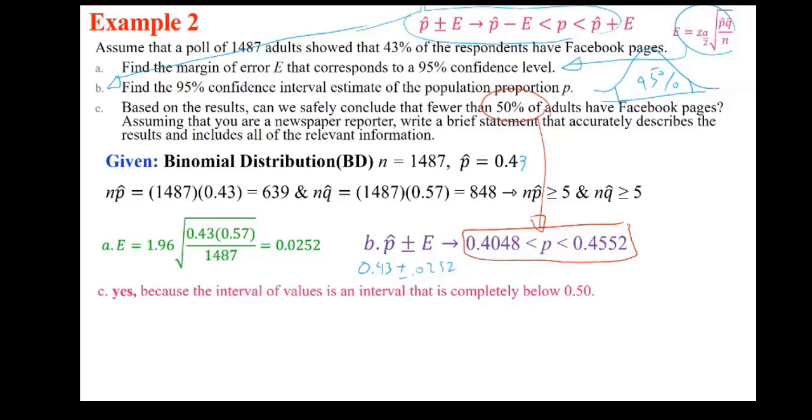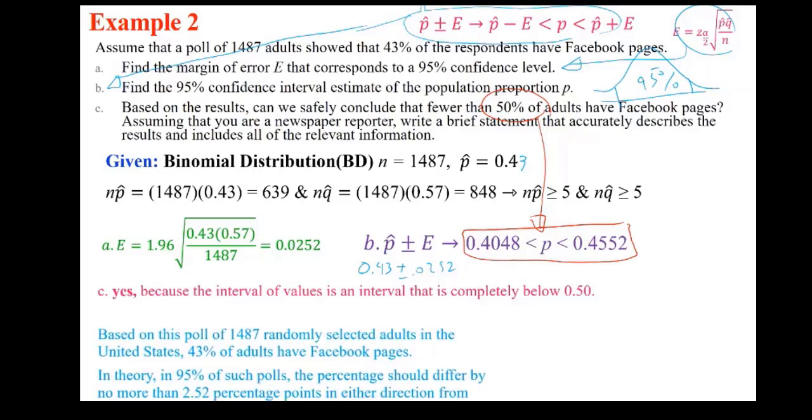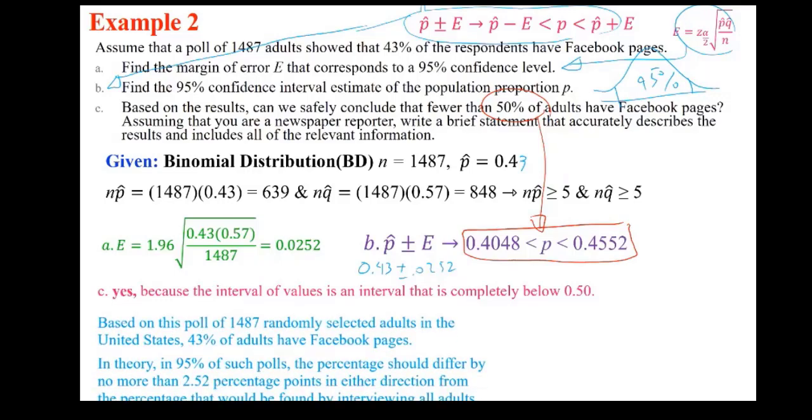Now, writing. According to our calculation, we can tell that in 95% of such polls, the percentage should differ by no more than 2.52 percentage points in either direction from the percentage that would be found by interviewing all adults.